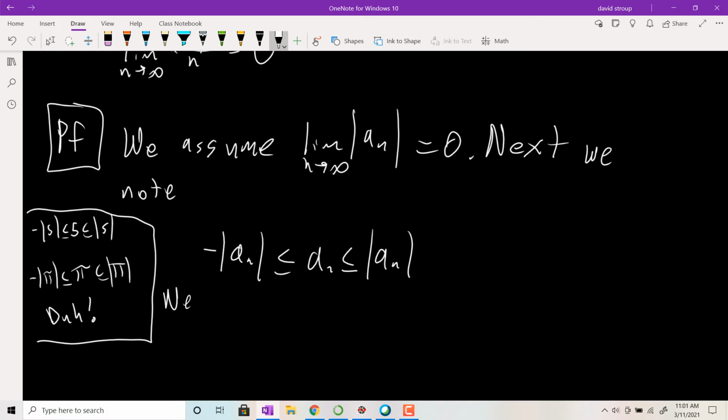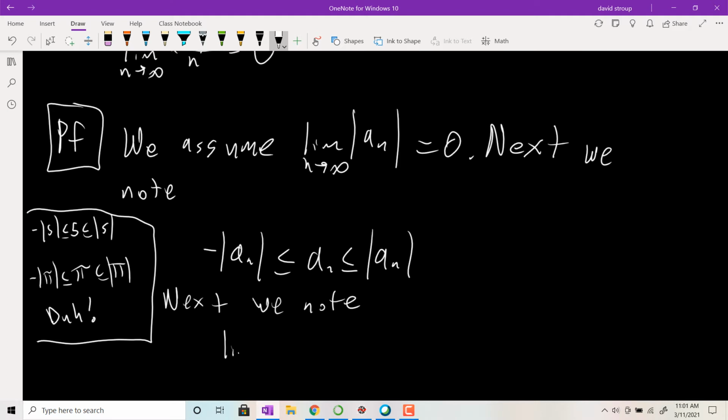Next, we apply a theorem that we've previously established. We note the limit of the two ends of the compound inequality.